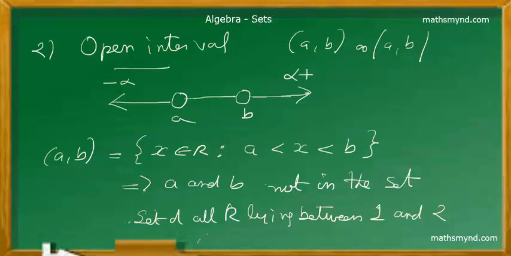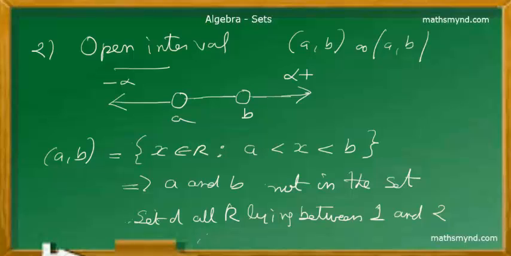Now, after closed, we are looking at the open case. If you have been looking carefully at that particular number line, you must have seen that in the previous case we were dealing with darkened circles.